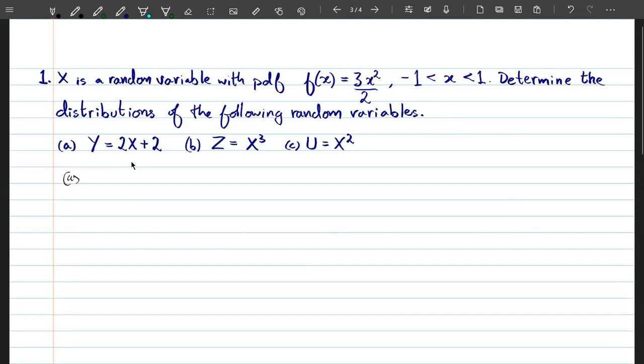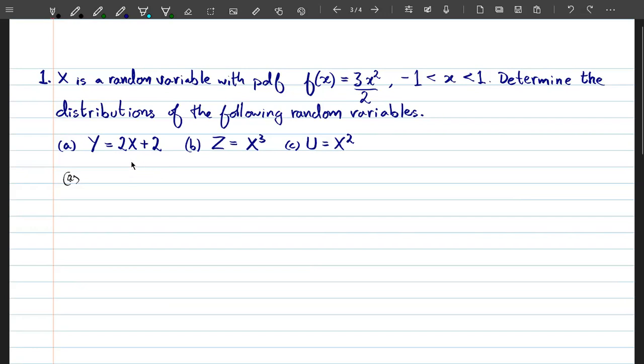Is 2x plus 2 a monotonic function? Definitely, it's a monotonically increasing function. Not monotonically increasing, strictly increasing function. Monotonic means strictly increasing or strictly decreasing. So this is a strictly increasing function. Phi of x in the theorem is just 2x plus 2 in this example.